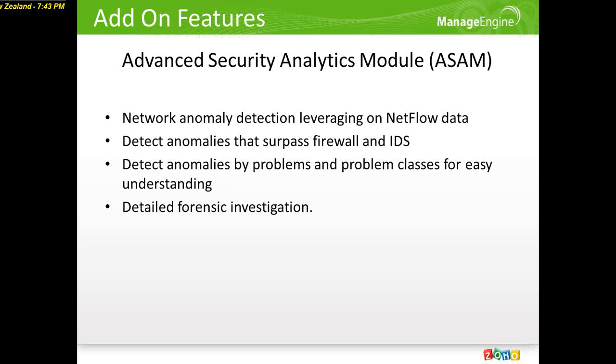IDS and firewalls recognize or block the security threats that are happening on your network based on predefined rules. You have to specify on the firewall or IDS that if there is this kind of traffic on your network, block them, or alert me when there is this kind of traffic passing through your network.